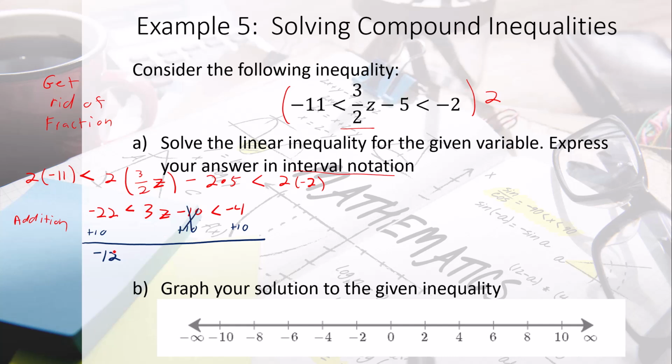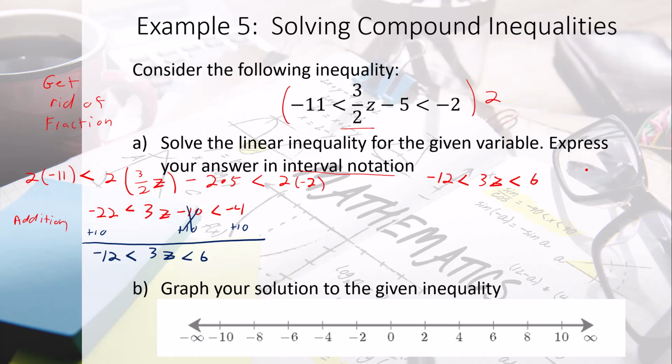These will cancel, so we have that is strictly less than 3 times z, which will be strictly less than negative 4 plus 10, which is 6. Well, isn't that convenient? Let me rewrite that up here. We will have negative 12 is strictly less than 3z, which is strictly less than 6.